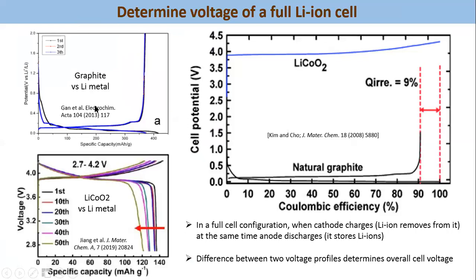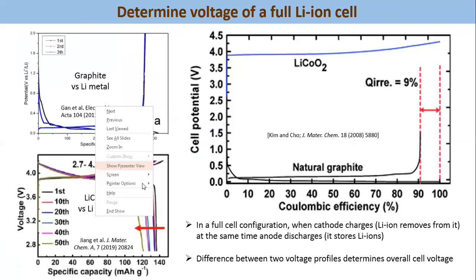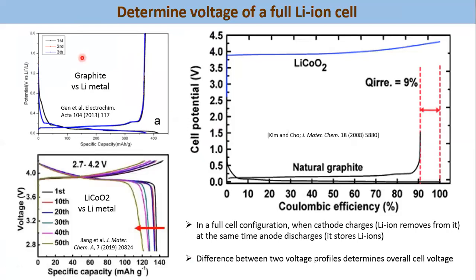So this is the profile of, let me select the pointer, this is the profile of graphite cycled against lithium, and this is the example of a cathode material, which is cobalt oxide. Again, it was cycled against lithium. So these are the voltage profiles of these two materials independently cycled against lithium.